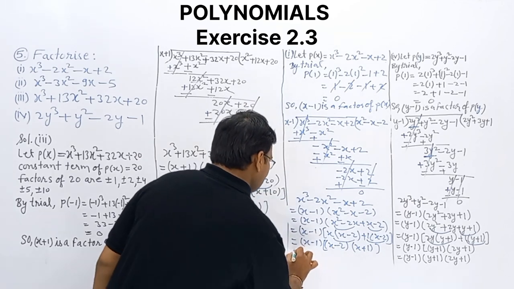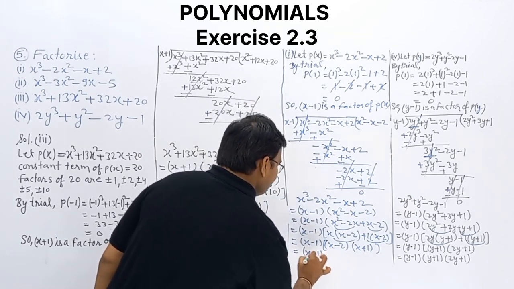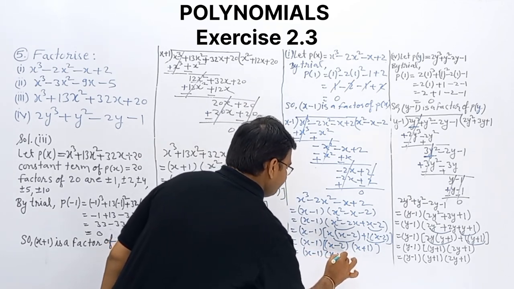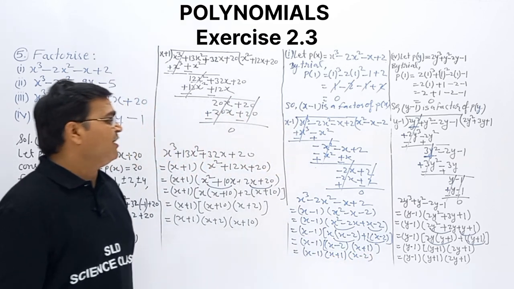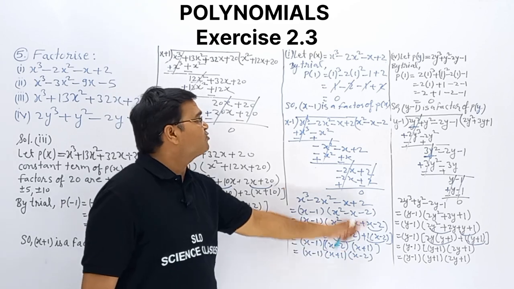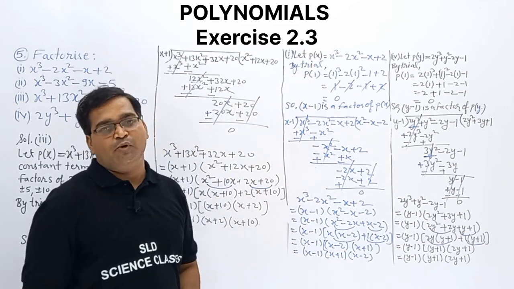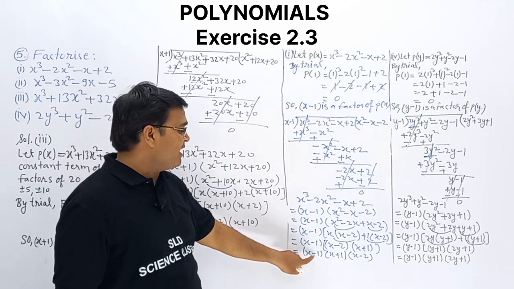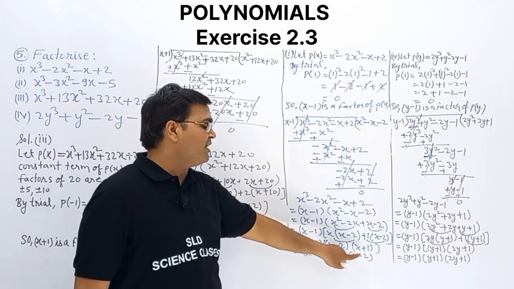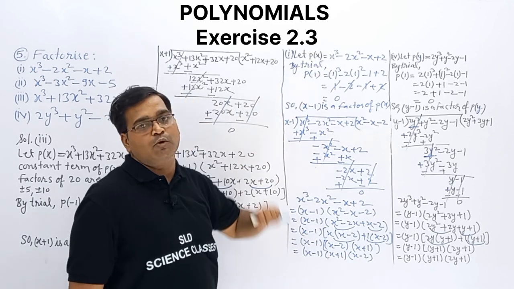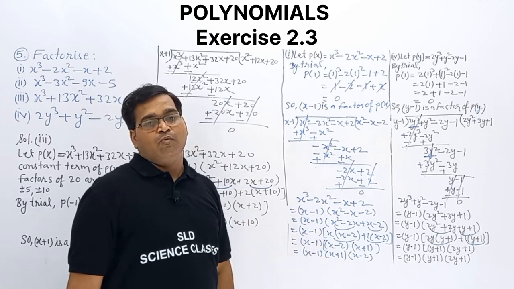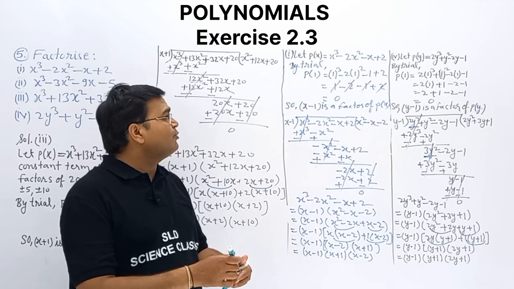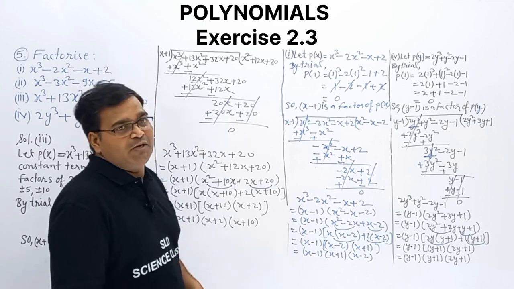It means we are having x minus 1, x plus 1, x minus 2. These are three factors of this cubic polynomial. When we put x equal to 1, x equal to minus 1, x equal to 2 in the given polynomial, its value is 0. So these are factors of this polynomial.